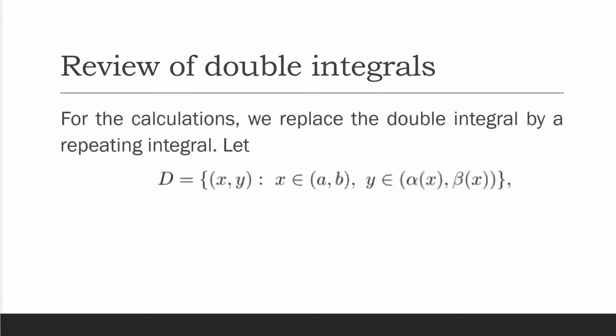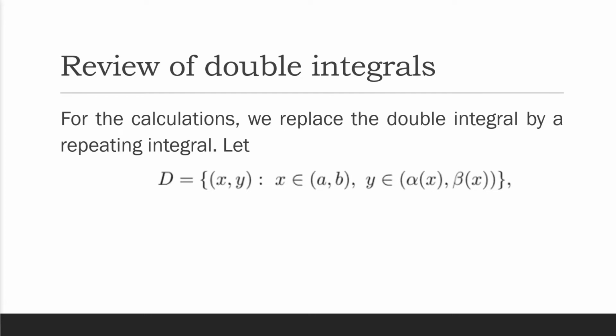So for calculations, we replace the double integral by repeated integrals. In this case, let D be the set of xy, such that x is an element of AB and y is an element of alpha x and beta x.